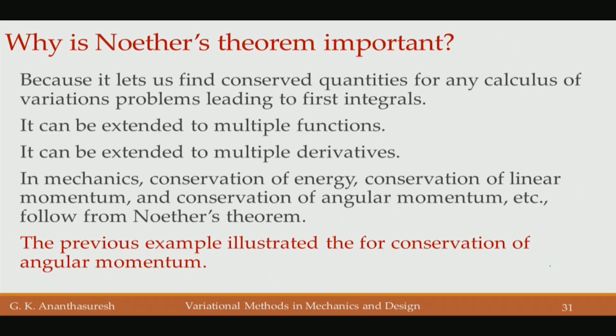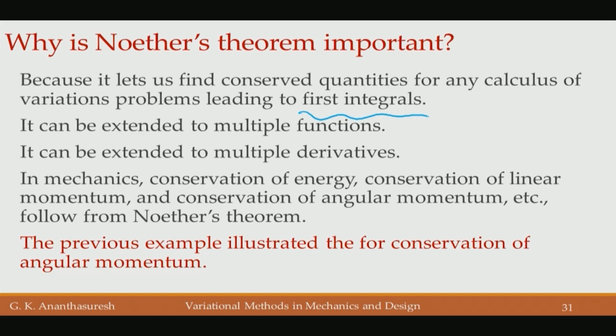So, why is Noether's theorem important? Because it lets us find conserved quantities in any calculus of variations problem, leading to first integrals. When something is constant, you have solved the problem partly, because the first integral comes out of it. Especially in the context of dynamic systems, you always have second order terms, an acceleration term.